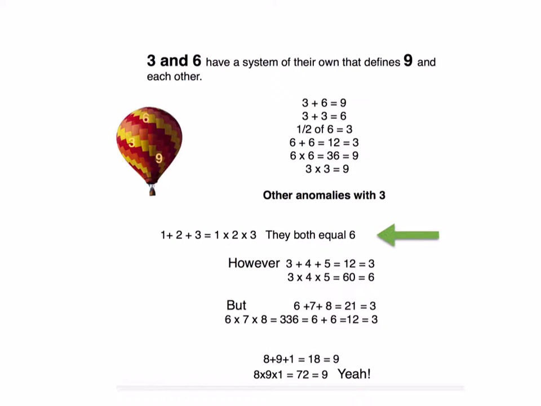If we do 3 plus 4 plus 5, that equals 12, which equals 3. 3 times 4 times 5 equals 60, which equals 6. 3 and 6 always point to each other. 6 plus 7 plus 8 equals 21, and that equals 3. 6 times 7 times 8 equals 336, and 3 and 3 are 6, plus another 6 equals 12, and that equals 3. 1 plus 2 equals 3.